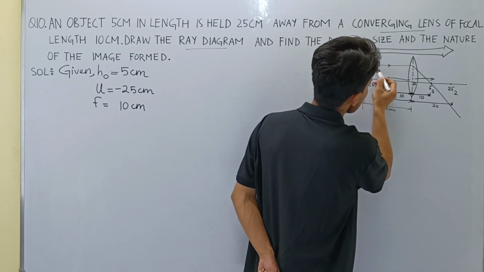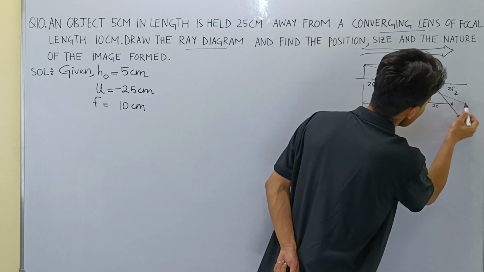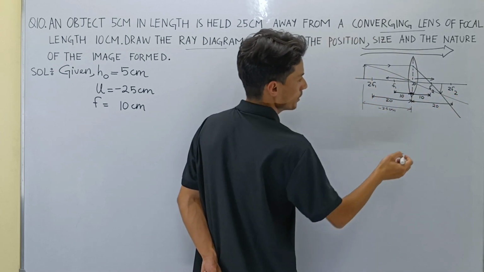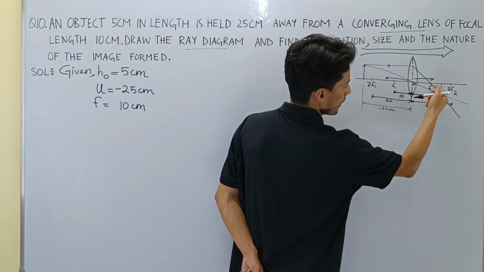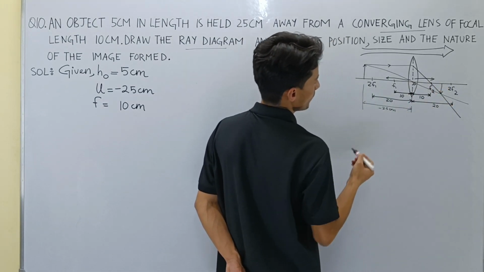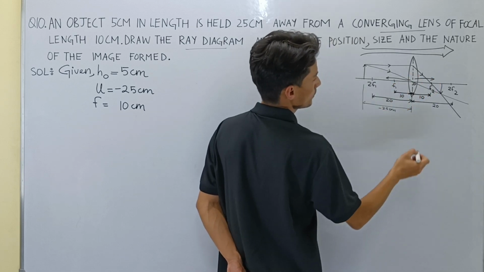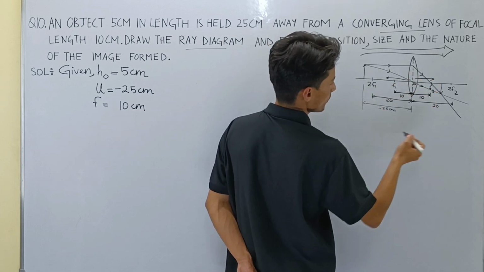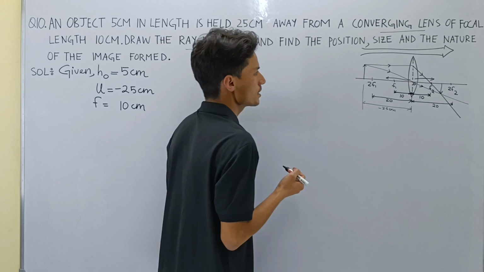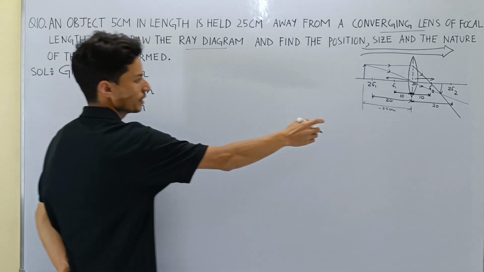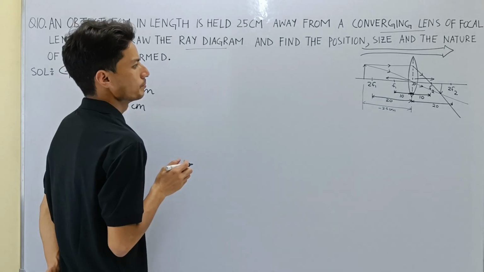Following rule 3, the ray will pass through optical center, and then we find the image to be formed here, between 2f2 and f2. This is the refracted ray. So the image is formed here. Since they are asking for the ray diagram, we have the ray diagram ready now.